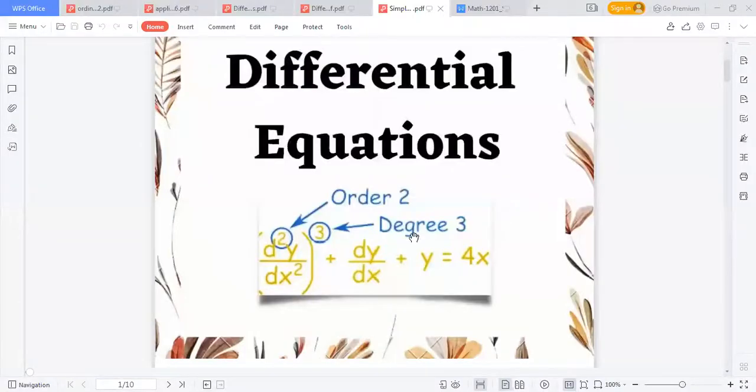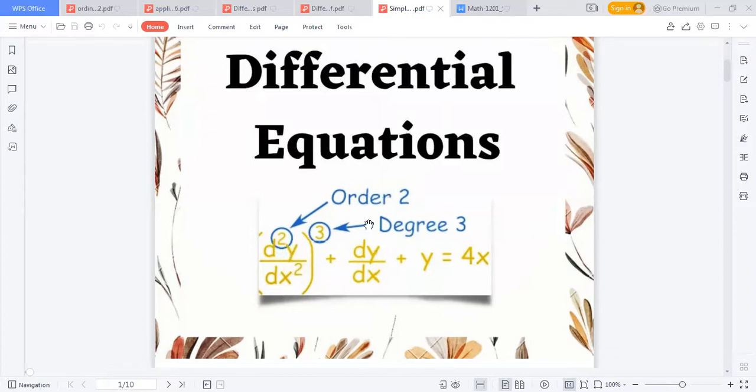So in any differential equation, the order is the number of derivatives, that is, the highest order of differentiation. And the degree is the highest power on the derivatives. So here this 2 is the order, that means the highest differentiation that occurs in this equation is 2.